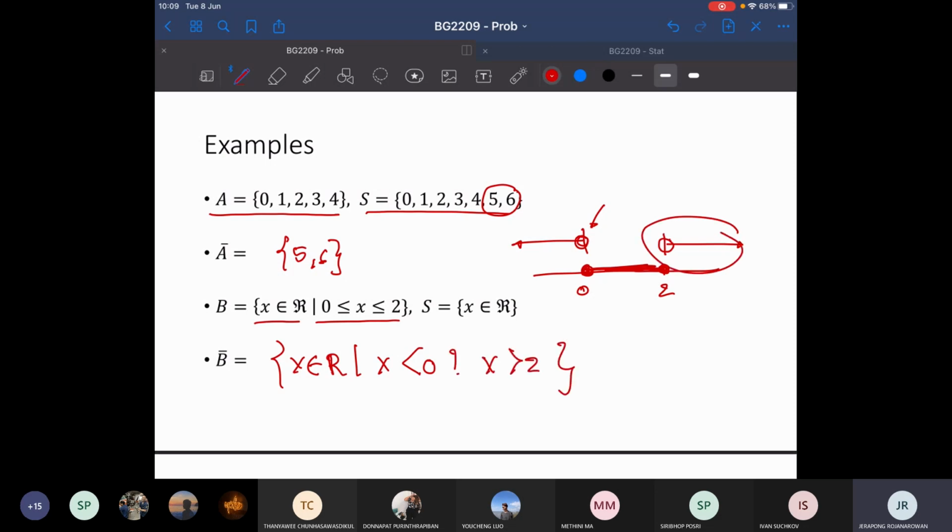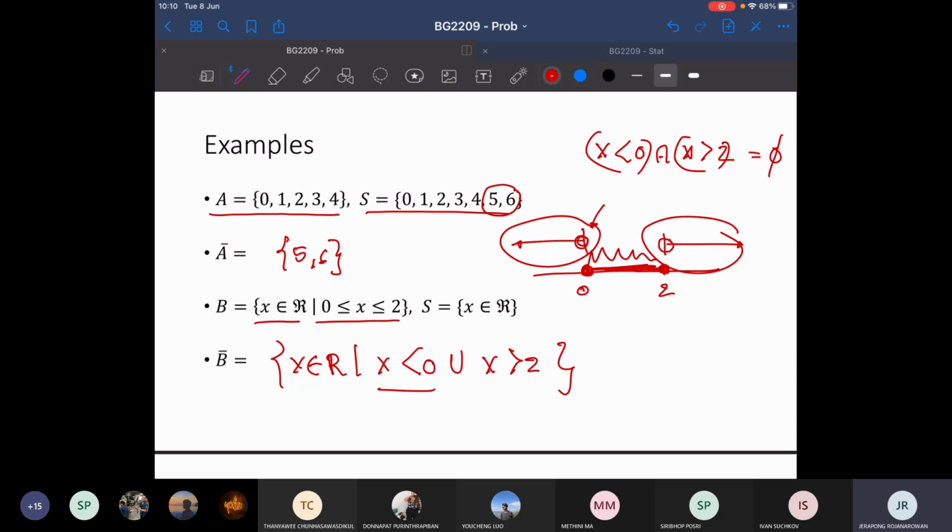What operator are we going to use here? We have to combine them. What is the operator for combining? Union. Yes, we must use union. If you use intersect, what's going to happen if you have X less than 0 and X greater than 2? If you use intersection, it's going to become the empty set, because you can see that there's no overlap here.